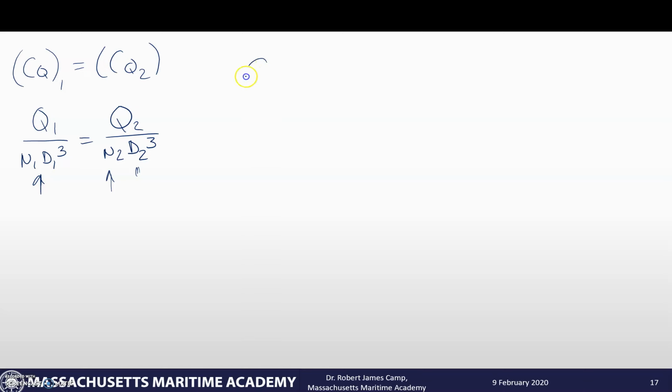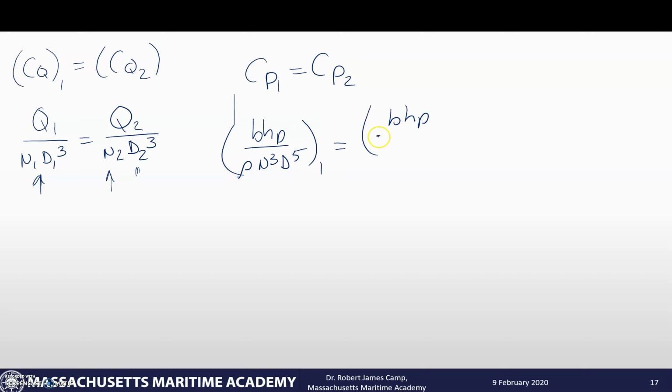If you look at the coefficient of power, if I have two similar pumps, the coefficients of power have to be the same. What is that going to do for me? Once again, if we're looking at all these pumps that are just moving water, there's the brake horsepower over rho N cubed D to the fifth of the first pump is going to equal all this of the second pump.